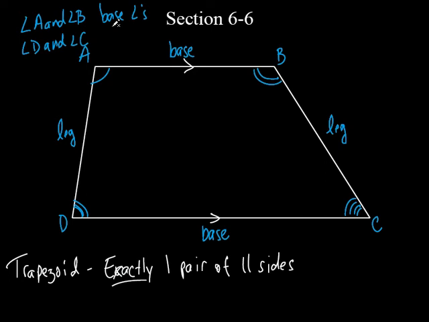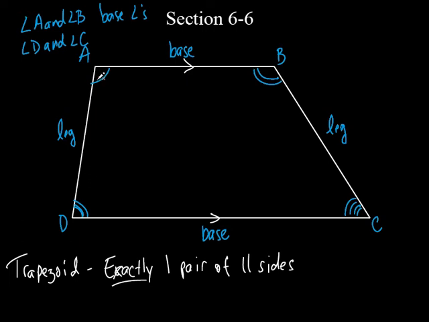That comes in handy because of a theorem we're going to talk about in a few minutes. So A and B are base angles, D and C are base angles. Not the biggest deal in the world, but it's just vocab, so if I say base angles, you know what I'm talking about. Could I consider A and D to be base angles?